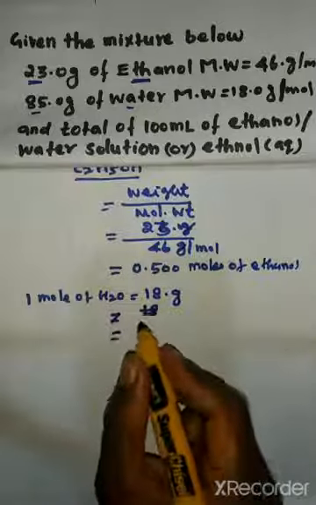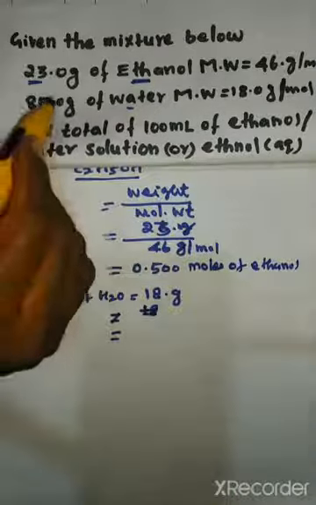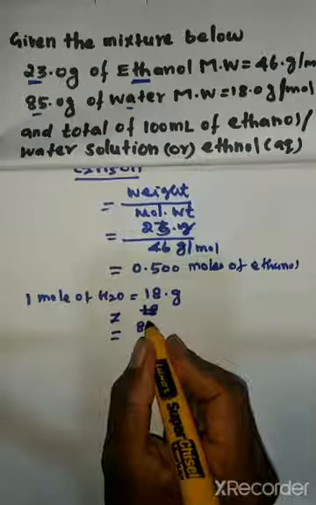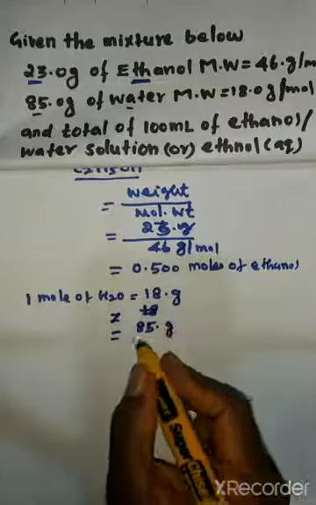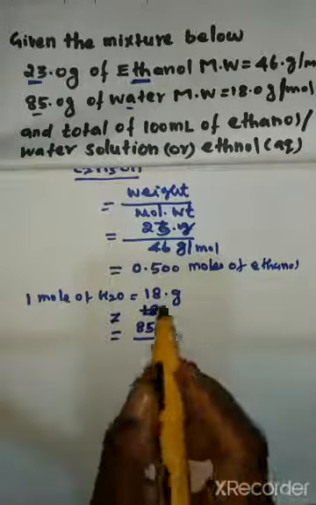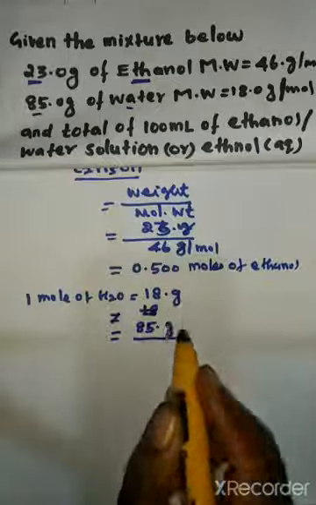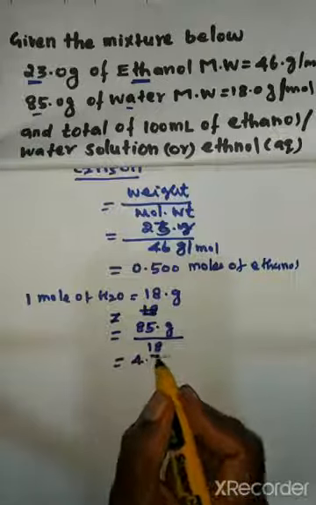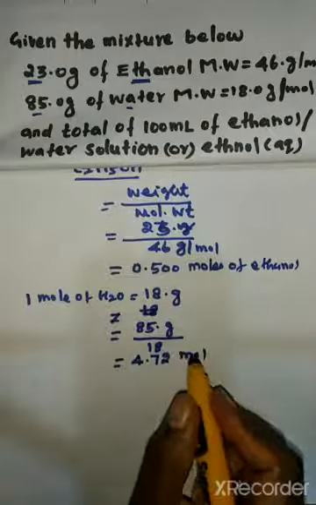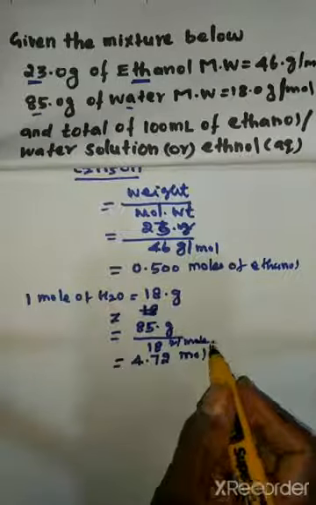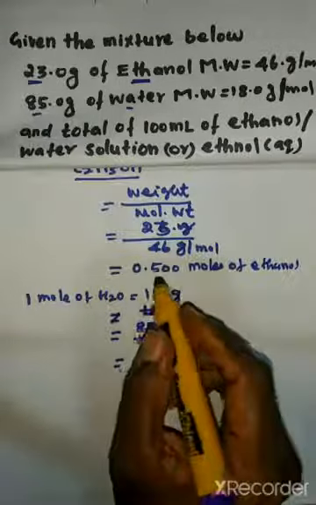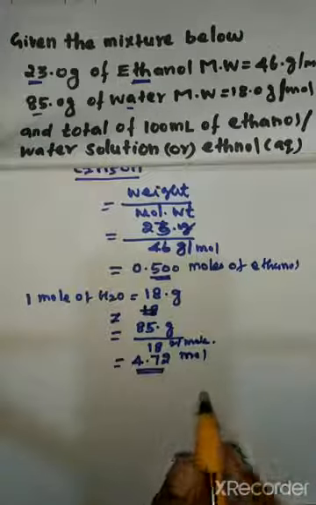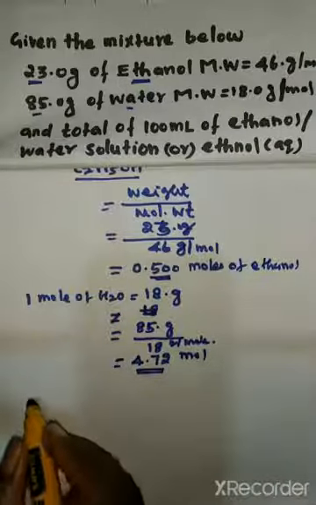The weight given in this problem is 85 gram of water, divided by the molecular weight of water, that is 18. If we solve this, we will get the value 4.72 mole. So it is gram per mole. Now we know the moles of the solute as well as moles of the solvent. Now we can solve the mole fraction.